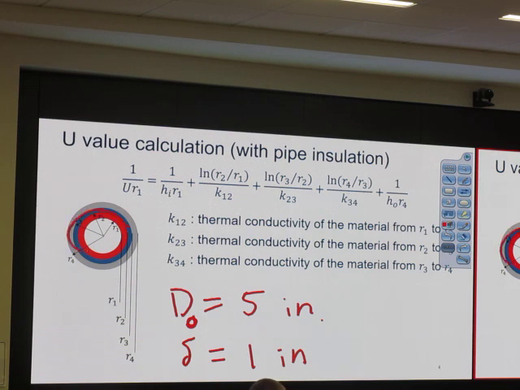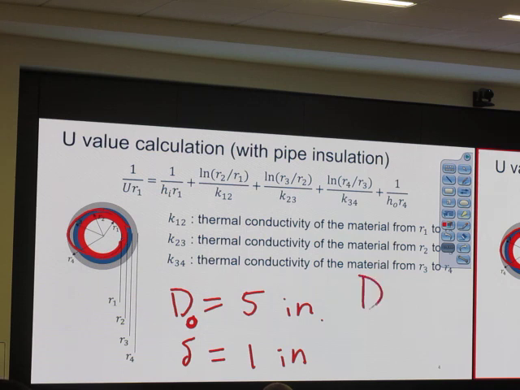Let's say the pipe is that blue thing. So the outer diameter of the pipe is 5 inch. If I have an insulation layer of thickness 1 inch, the total outer diameter, which is the characteristic length to calculate the outside Reynolds number, must include delta multiplied by 2.